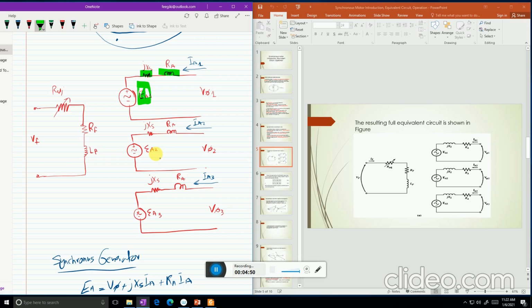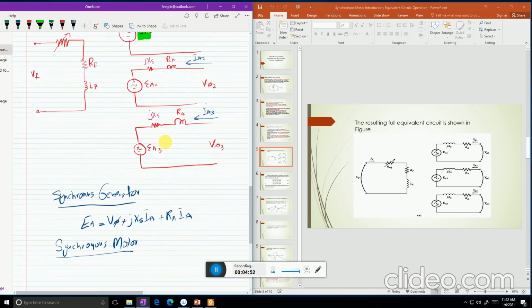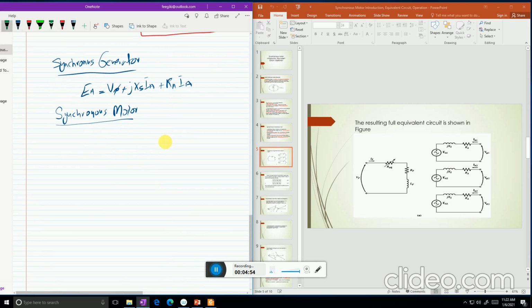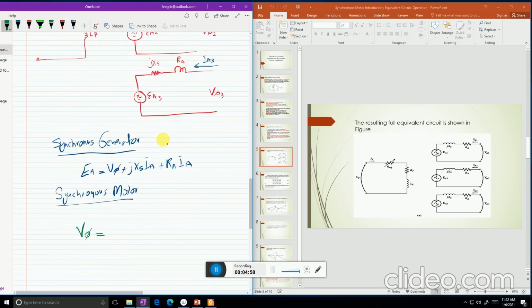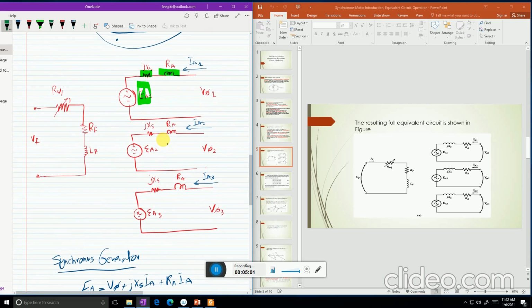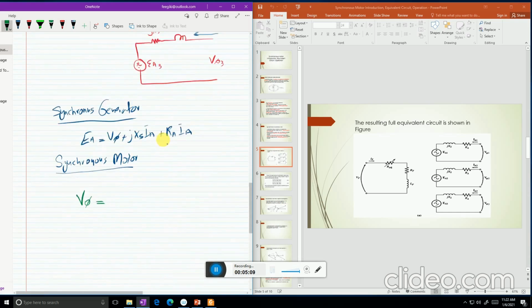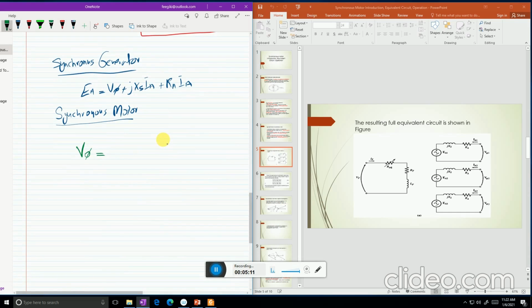So now in the synchronous motor, V phase is equal to the sum of three voltages: first, voltage is applied to the stator winding, voltage drop occurs here, then voltage drop occurs here, and then this voltage. The first one is IA RA plus jXs IA plus EA.